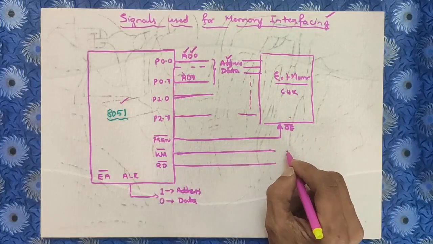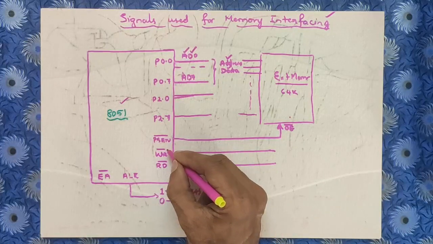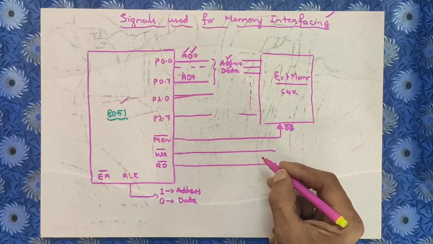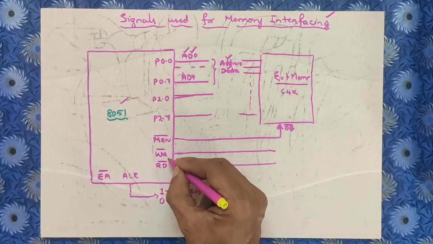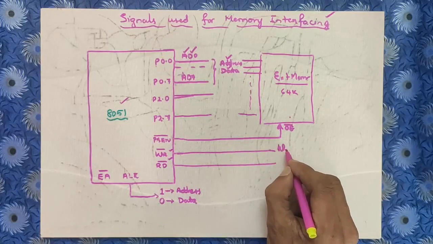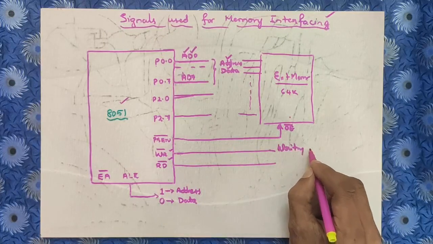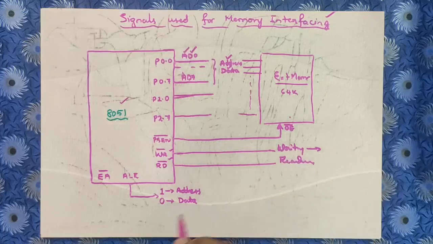When you want to write information into the RAM, you should make write bar 0. Similarly, if you want to read information from the external RAM, you should use read bar. Hence write bar is for writing data into the external memory, and read bar is for reading information from it.